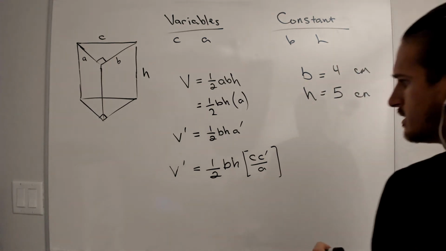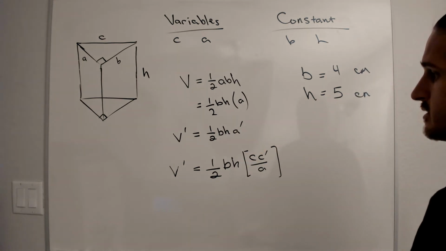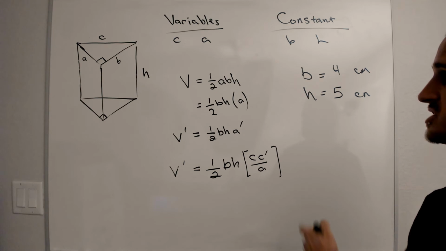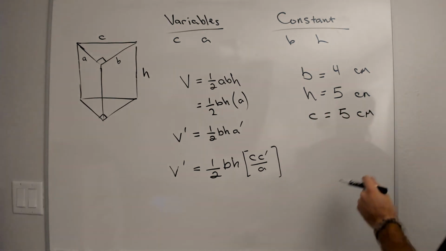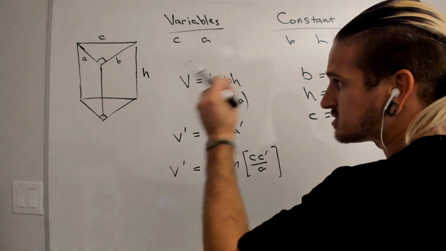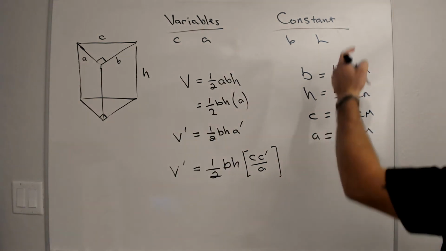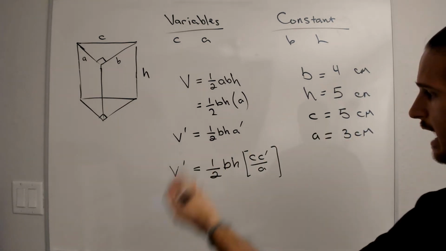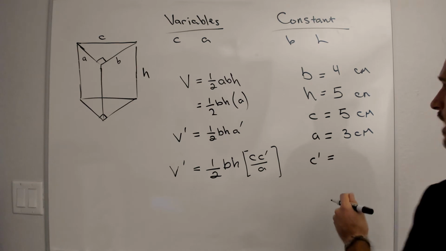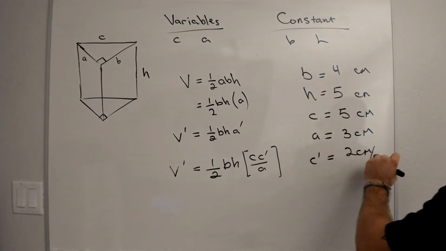And then let's say at this moment in time, C is 5. Now, if you're keen on the Pythagorean Theorem, that means at this moment, A would have to be 3, 4, 5, right? And then maybe the rate at which C is changing right now is 2 centimeters per second.